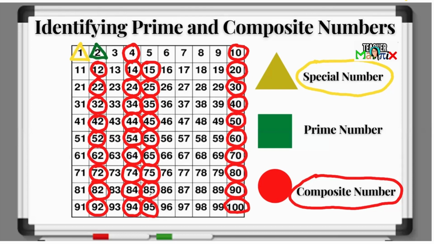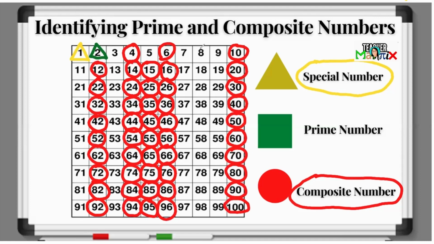Another even number. We will consider 6 as a composite number. 6, then 16, 26, 36, 46, 56, 66, 76, 86, 96.